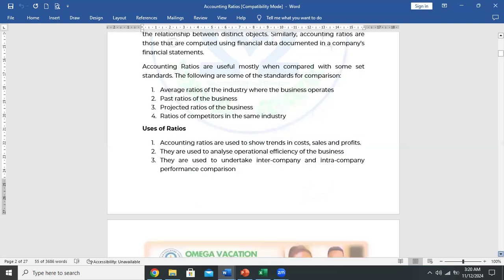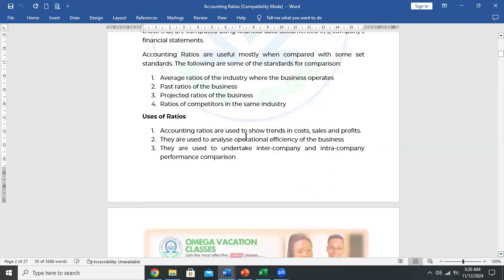And the first one is accounting ratios are used to show trends in cost, sales, and profit. And I want to believe my professors understand this point. The essence of computing the ratios is because we want to know the trend in cost, right? And when we say trend, we want to look at series of cost measurement and see whether there is a continuous increase or decrease, or there is fluctuating increment and decrease, right?